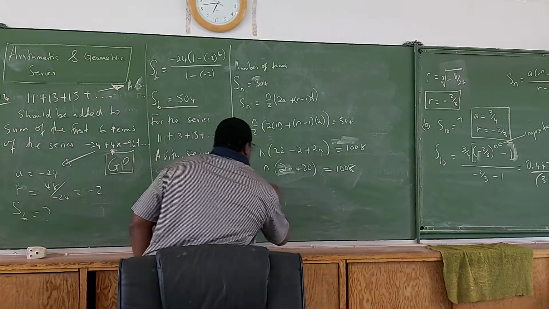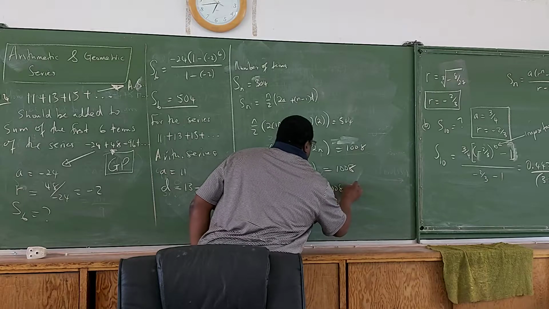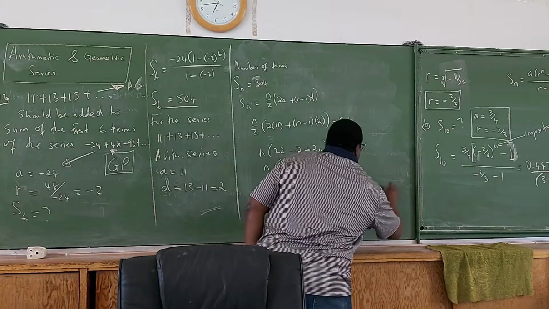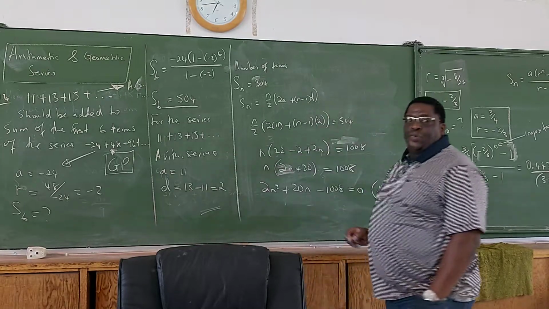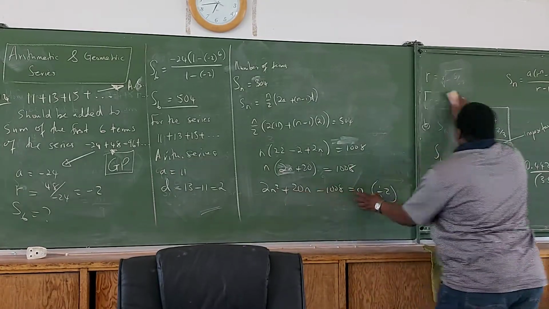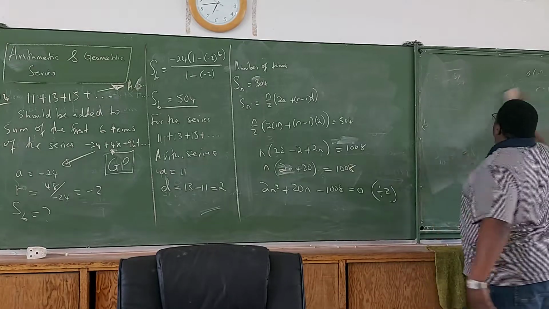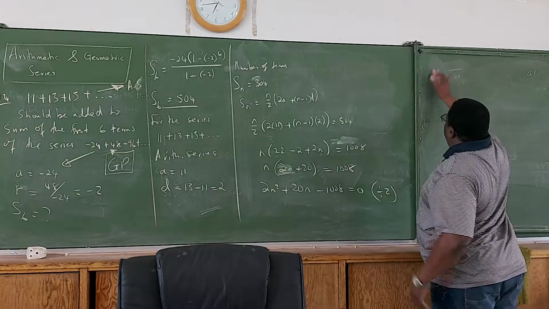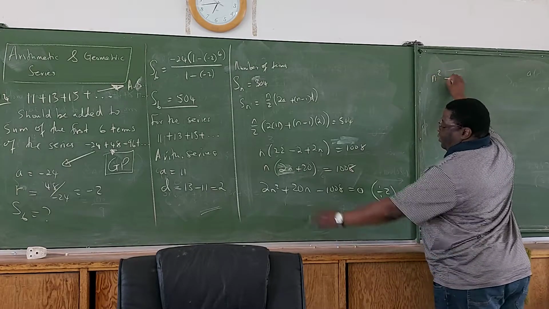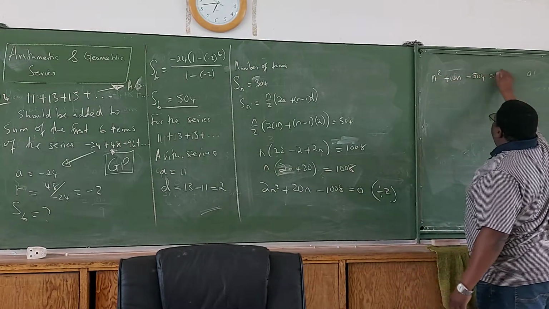That gives rise to a quadratic: 2n squared plus 20n minus 1008. We can divide this by 2, because 2 goes into 2 and 20 and so on, as a common factor. That gives us n squared plus 10n minus 504 equals 0.